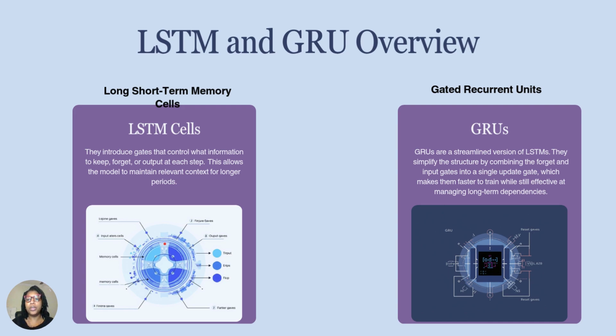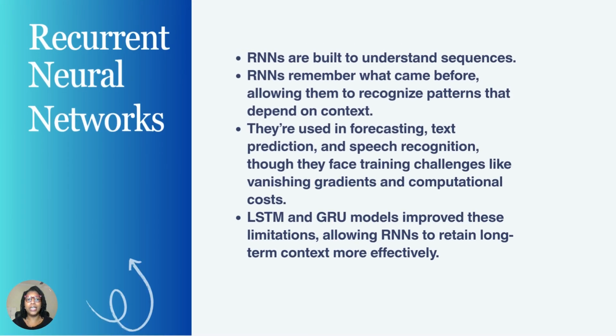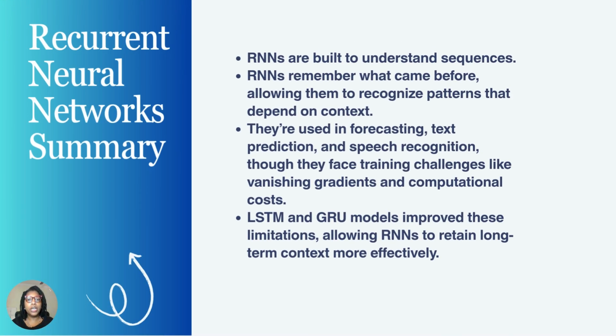So, let's do a quick recap of what we have covered today. Recurrent neural networks are built to understand sequences. They remember what came before and allow the model to recognize patterns that depend on context. Some of the uses of recurrent neural networks are forecasting, text prediction, speech recognition, and it can sometimes lead to challenges such as vanishing gradients and computational costs.